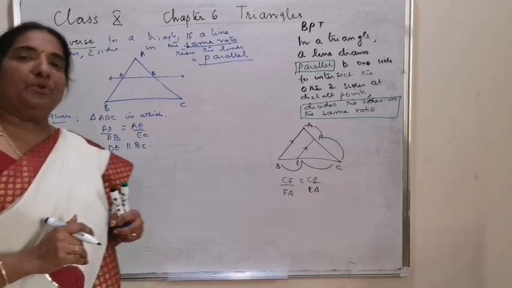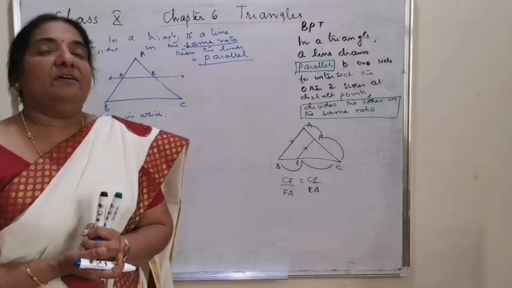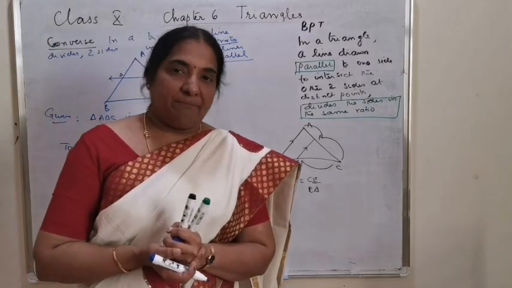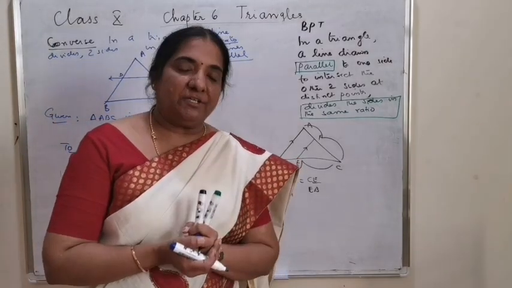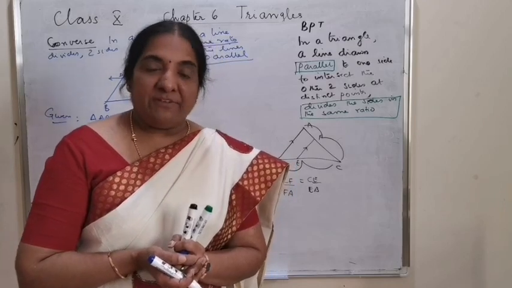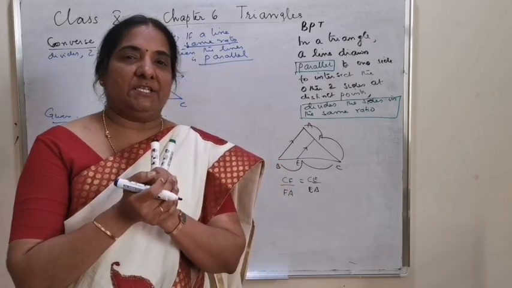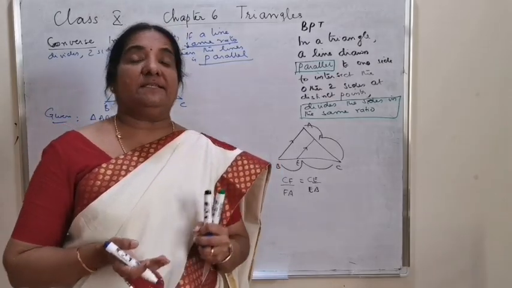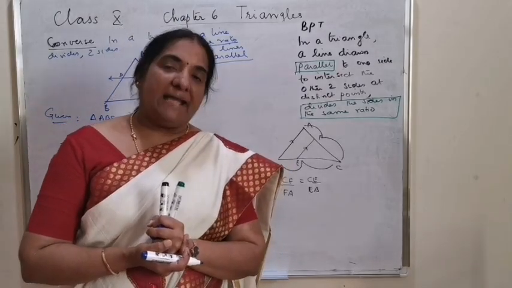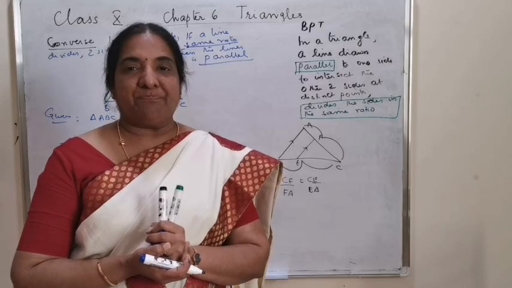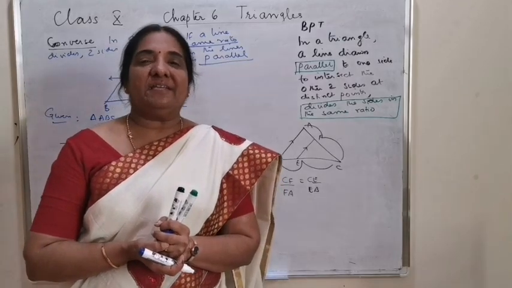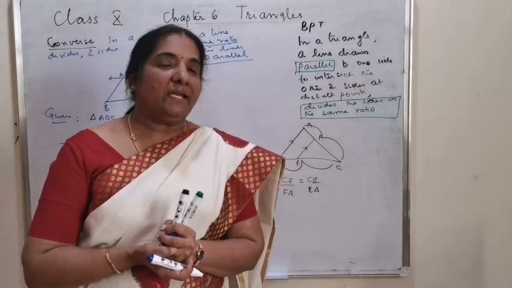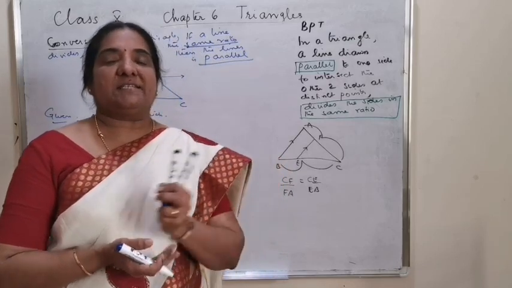Now, to prove that lines are parallel, we can only use the method of contradiction. That is, we will assume that DE is not parallel to BC, and that there is another line DE dash parallel to BC. Finally, we reach a statement that contradicts our assumption.